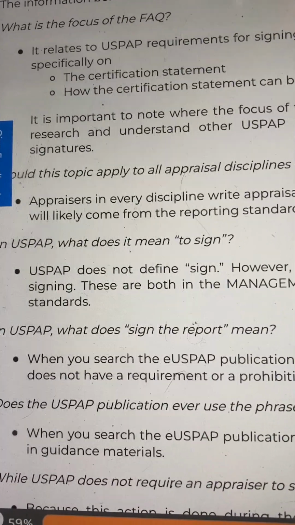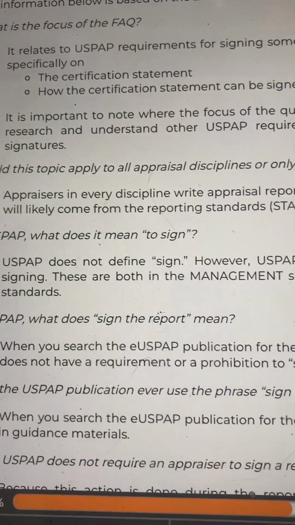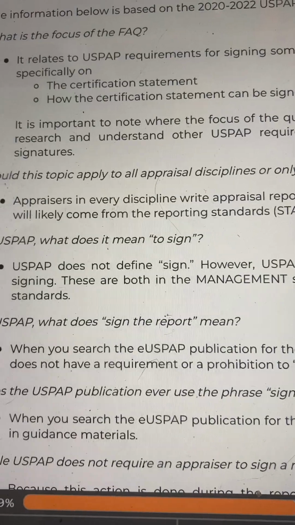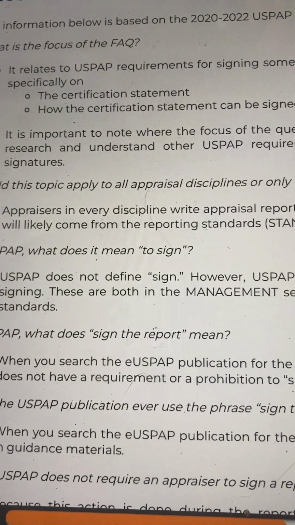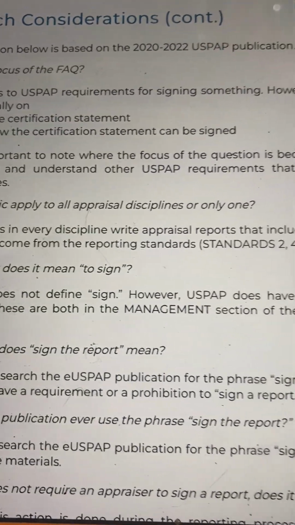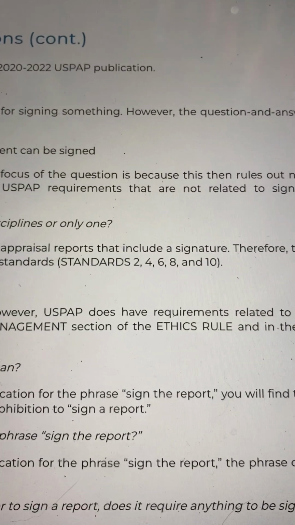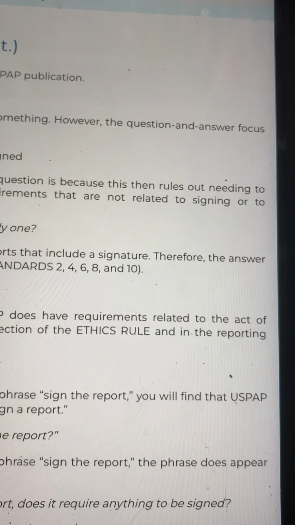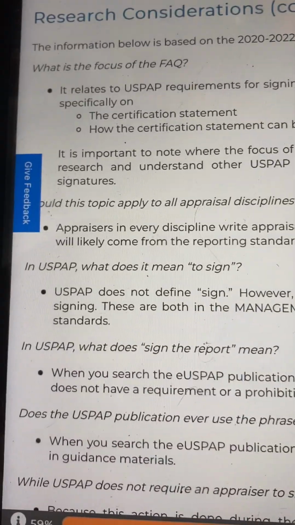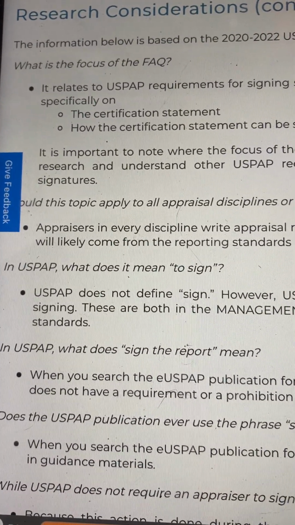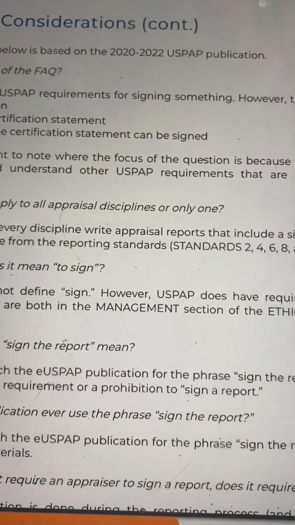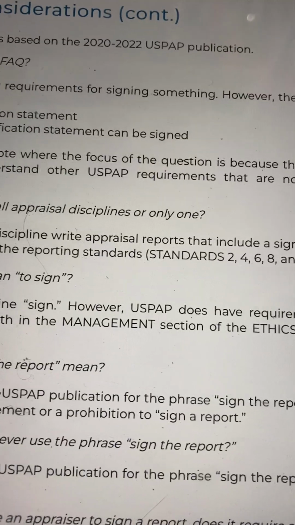In USPAP, what does sign the report mean? When you search the USPAP publication for the phrase sign the report, you will find that USPAP does not have a requirement or a prohibition to sign a report.